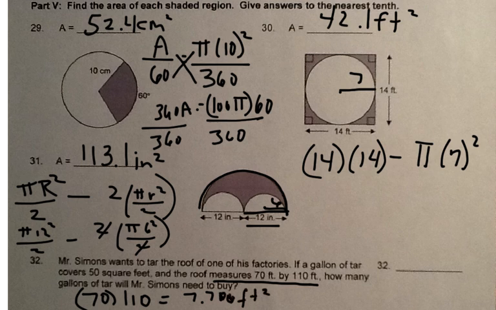That's not the answer to the problem, though. 1 gallon covers 50 square feet. So we're going to take our total square footage and divide it by 50 to see how many gallons we need, which comes out to 154 gallons.